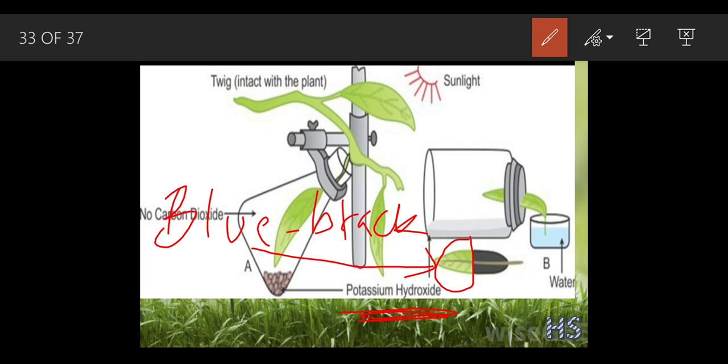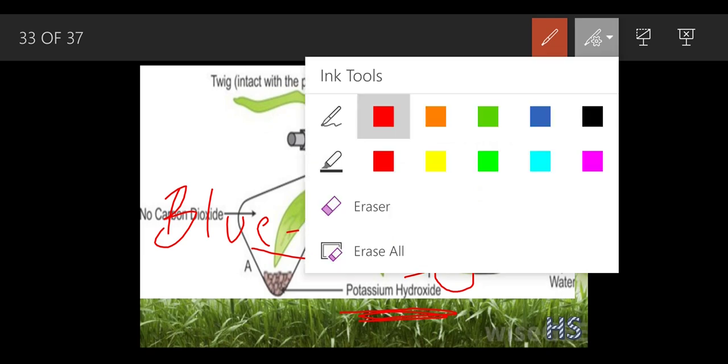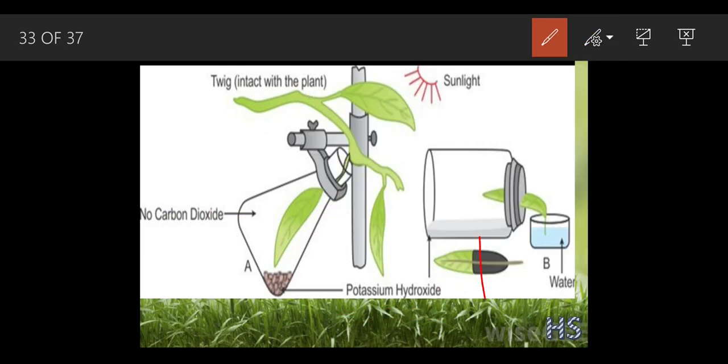But the part which was not getting a proper amount of carbon dioxide, that is this part, turned brown. So why did this brown color occur? Because this part was kept in KOH, though this part of the leaf was kept in the sunlight. So from this we can prove that carbon dioxide is necessary.